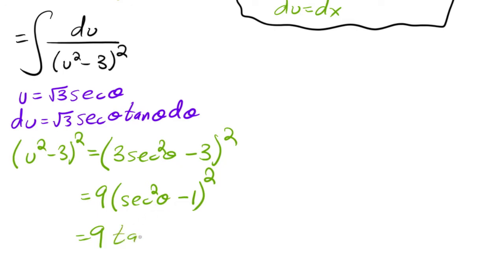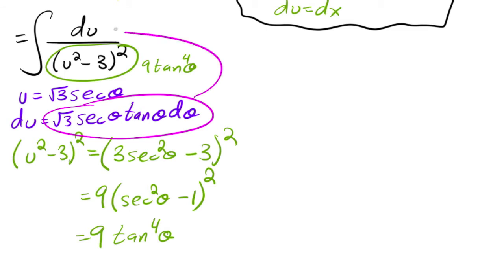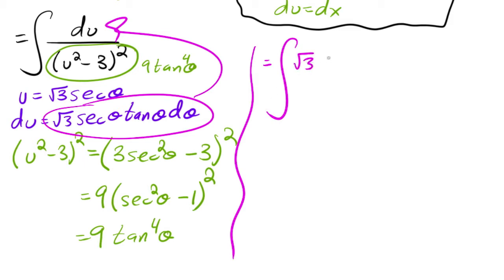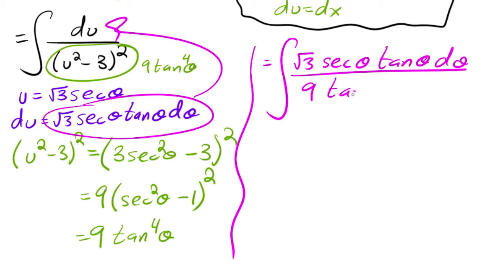So this is going to be tangent to the 4th theta. So right here, this one's going to be swapped out with a 9 tangent to the 4th. And then du is this one right here. So then what I get is the integral of square root of 3 secant theta tangent theta d theta over 9 tangent to the 4th theta.